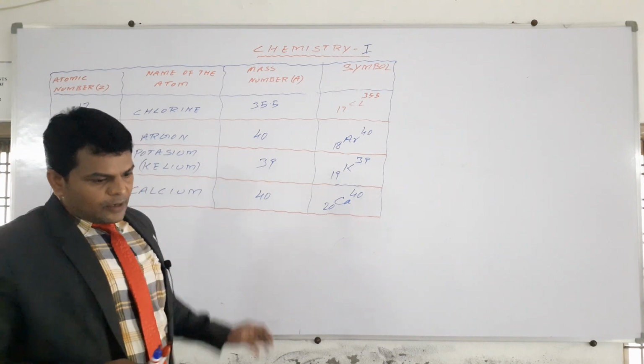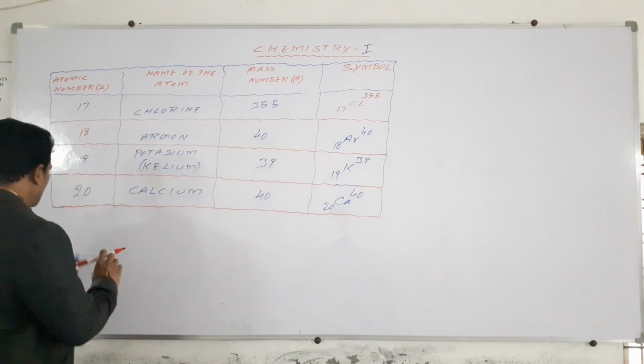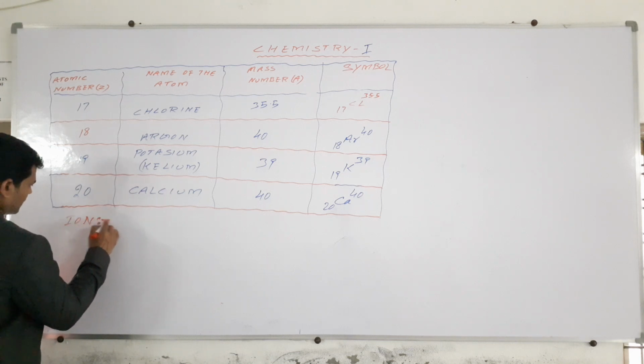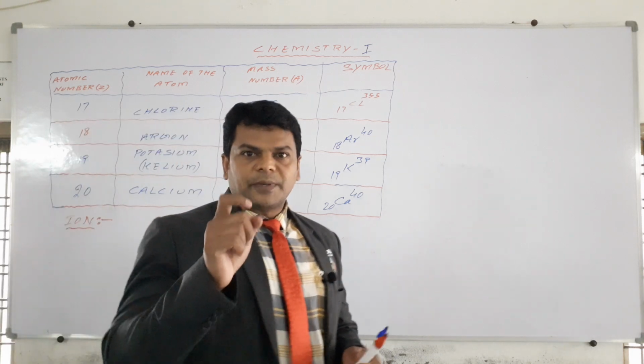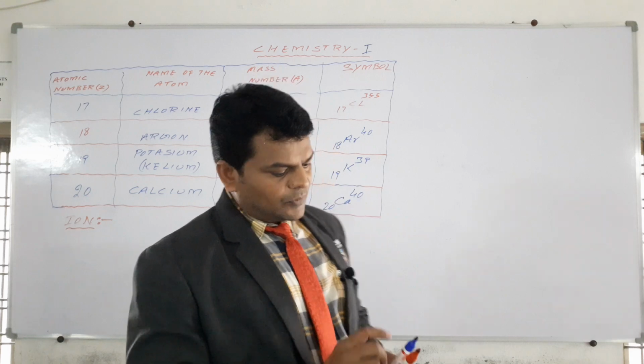Next, we have to know ion. Ion means specific charge possessed by the atom.